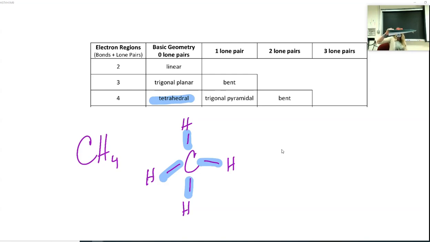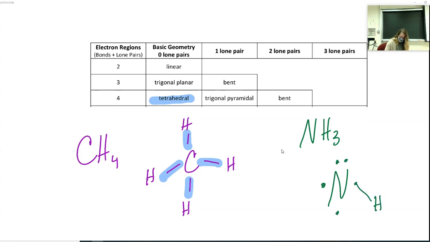Because it pushes it away, it forms a pyramid shape. So this is called trigonal pyramidal. My example for that, we'll go ahead and use NH3. So nitrogen has 5 valence electrons. It ends up forming 3 bonds with hydrogen. But this lone pair of electrons, it's an electron region, is going to push all of the bonds away so that it ends up being trigonal pyramidal.